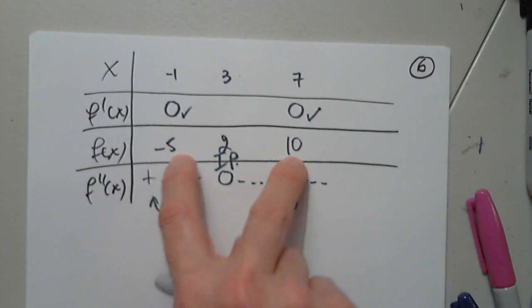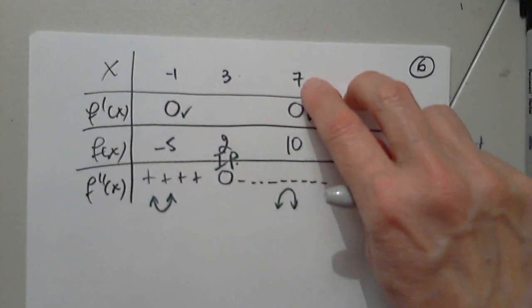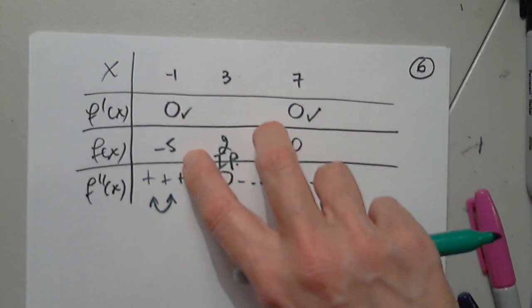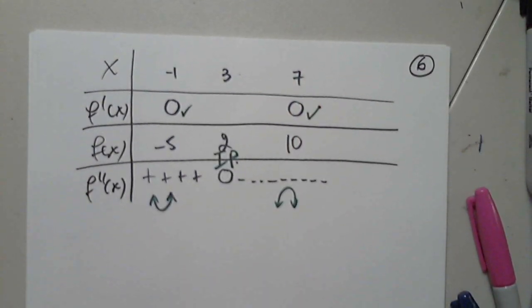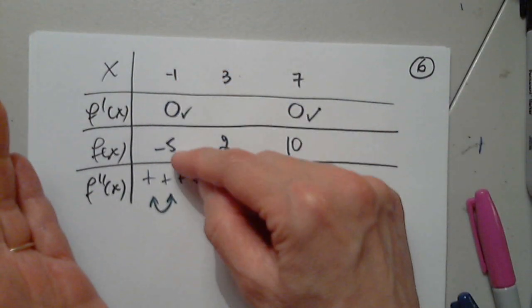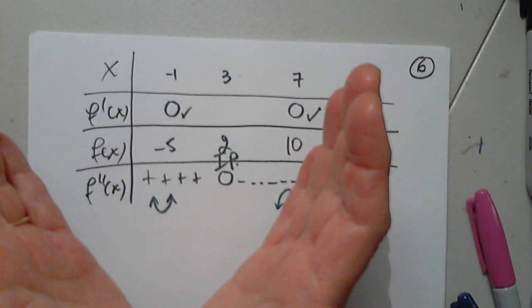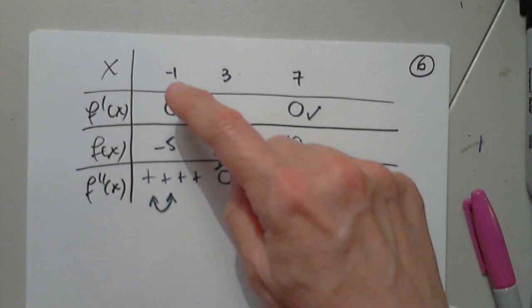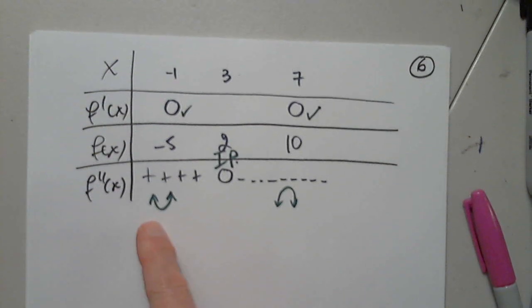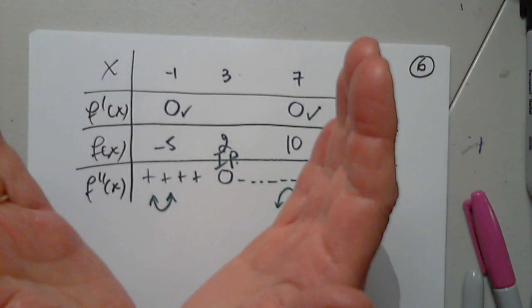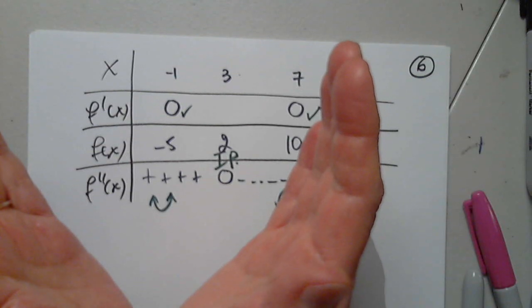We have the points negative 1, negative 5, and 7, 10. The question is, what type of point is negative 1, negative 5? A relative min. Exactly. It cannot be otherwise. You wouldn't be able to open up if it were anything else.